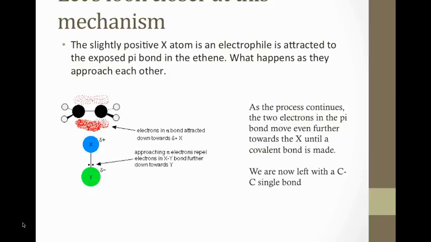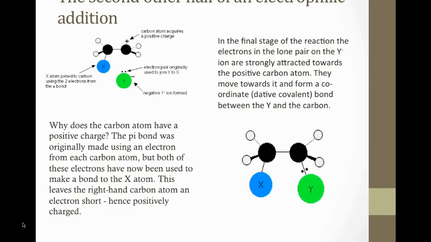As the process continues, the electrons in the pi bond move even further towards the positive end of the electrophile-nucleophile until a covalent bond is made. What we're left with now is a carbon-carbon single bond, and one of the two carbons is positively charged.